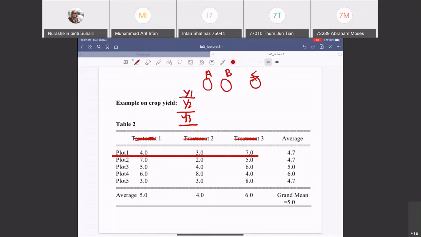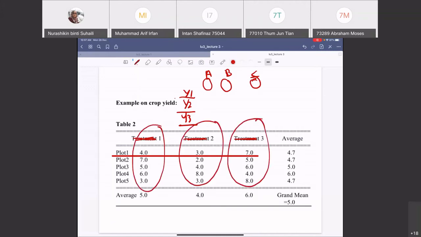So you have to first identify which one is the samples. Only then you can identify this is the samples, this is the samples, and this one is the blocks.